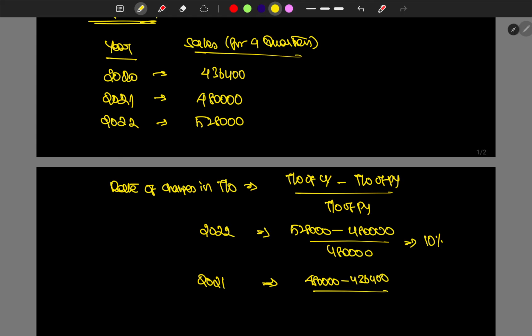This is just the difference amount, and we are going to find out how much percentage that difference is of 2021. Which comes around 9.999, so 10% approx.